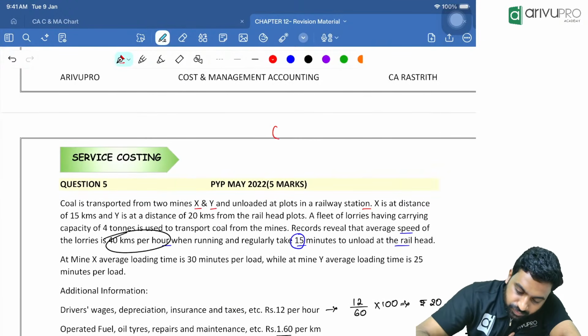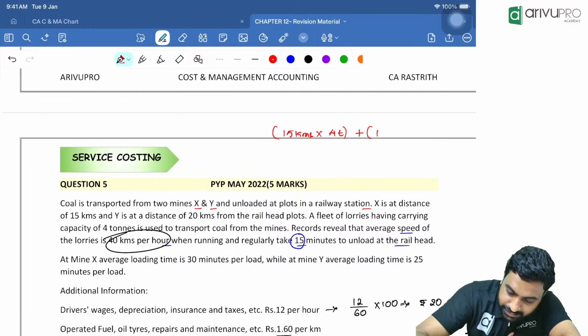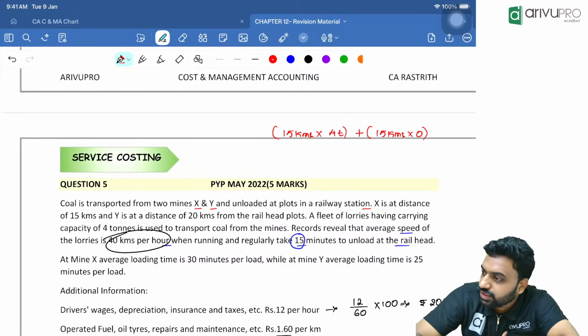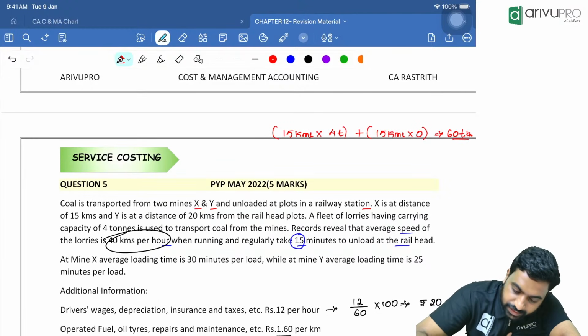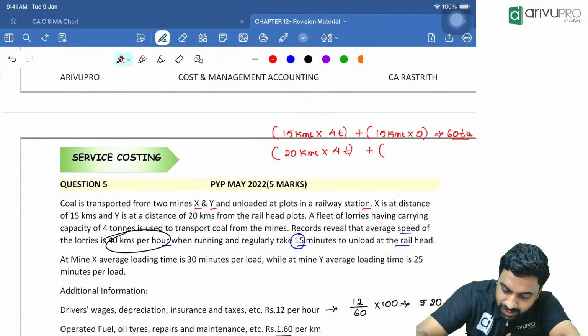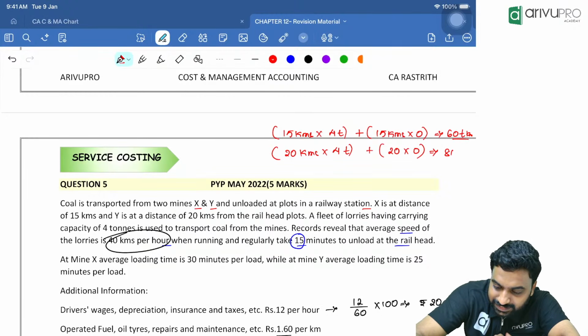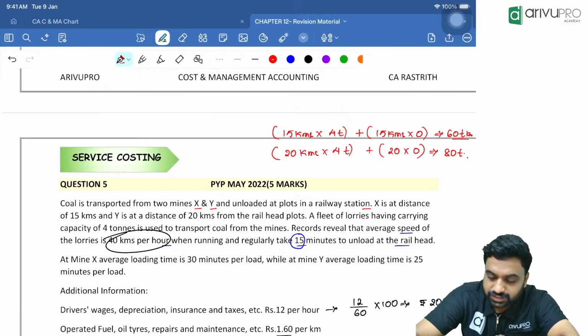For X, for 15 kilometers we are carrying 4 tons, whereas for the remaining 15 kilometers we are coming back with 0 tons. So how many ton kilometers? 60 ton kilometers. For Y, for 20 kilometers we are going with 4 tons, and the same 20 kilometers we are coming back with 0 tons. 80 ton kilometers.